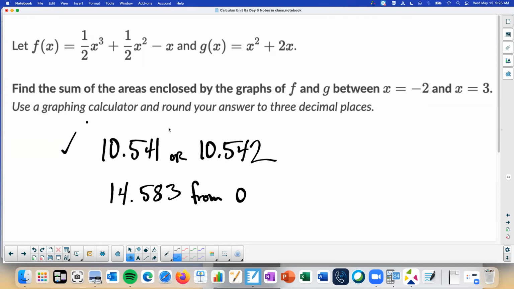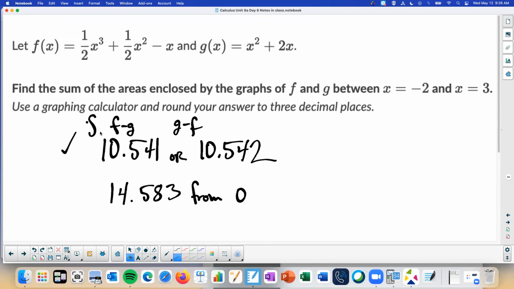What did you guys have for the first integral? Was it F minus G or G minus F? Okay. Did you have the exact opposite of that, Ellie? Yeah, first I did G minus F and then F minus G. Okay.